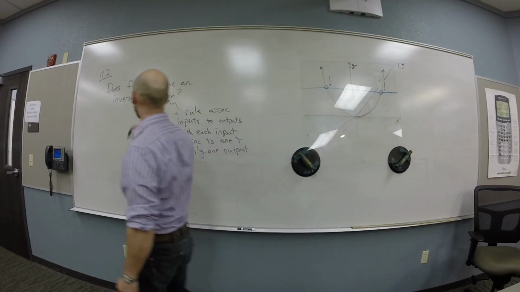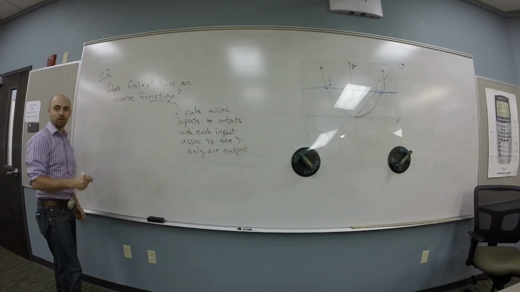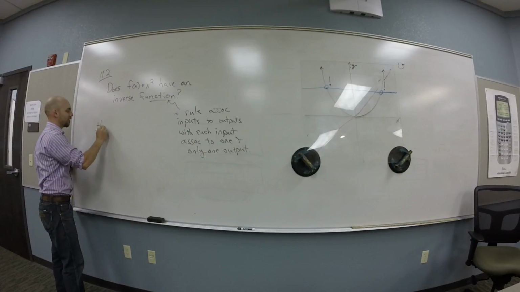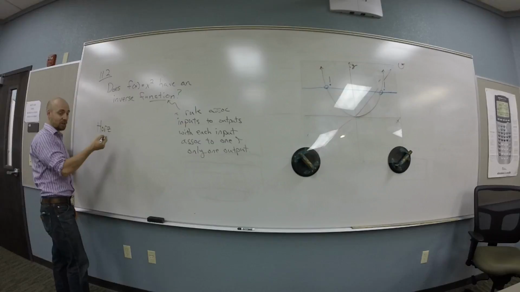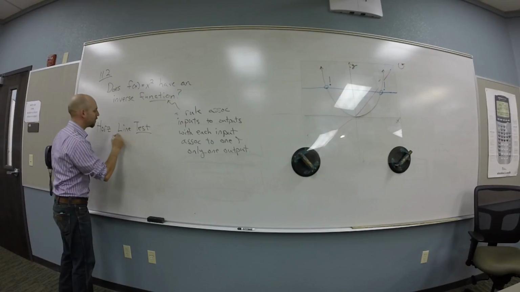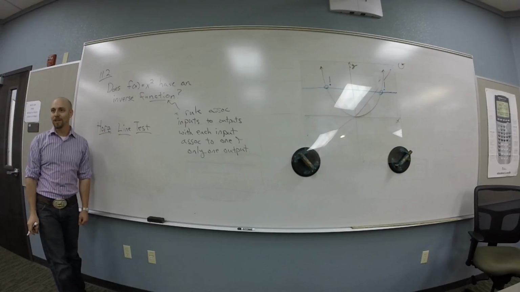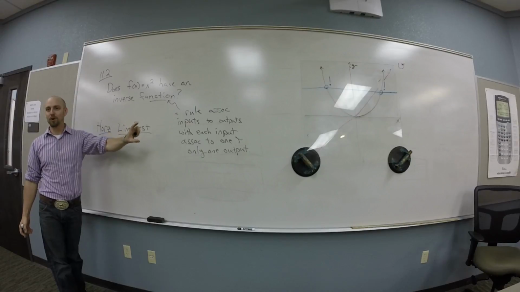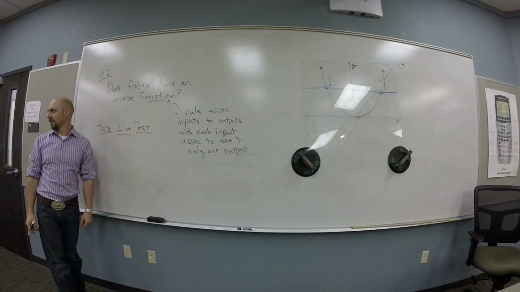Yeah, so to test if something has an inverse function, this is really a thing called, creatively enough, the horizontal line test. Which is a lot like the vertical line test, because it is the vertical line test run on the flipped over picture. You guys see that?